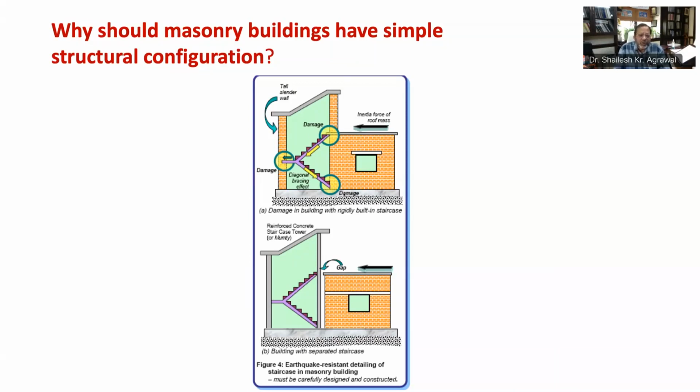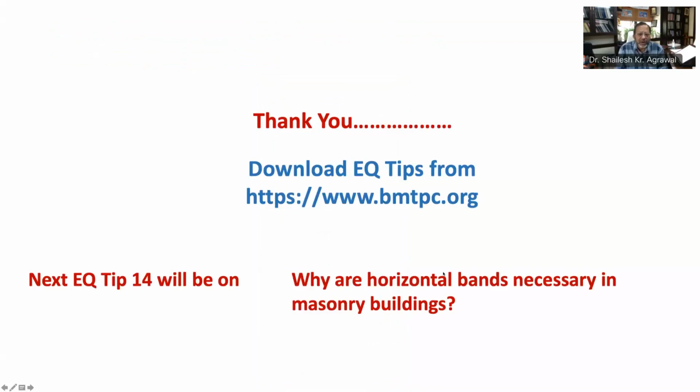So, what should we do? As you can see in this figure 4b, staircases are completely separated and built on a separate reinforced concrete structure. Also, adequate gap is provided between the staircase tower and the masonry building so that they do not hammer each other during earthquake shaking. This is all about earthquake tip number 13.